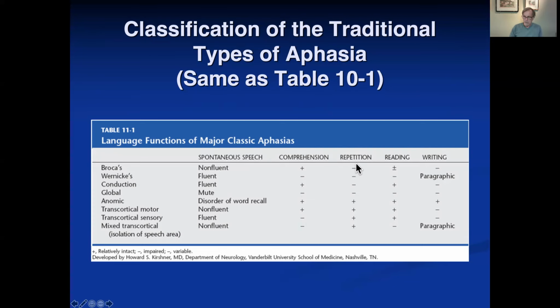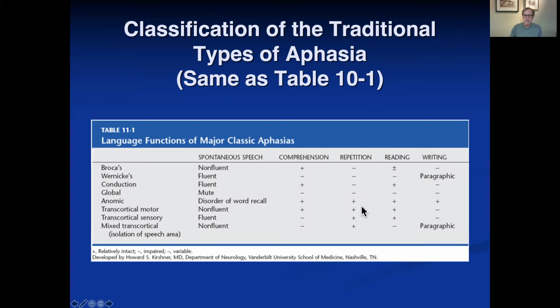Then repetition of speech, or we could refer to it as imitation of speech. And then reading and writing, I'm not going to pay much attention to at this point. I'm just going to refer to spontaneous speech, comprehension, which is, by the way, auditory comprehension, repetition or imitation, and then reading and writing, we're going to kind of leave off for the time being.